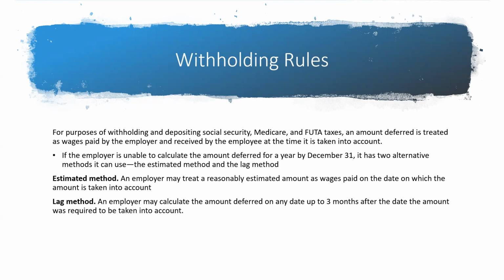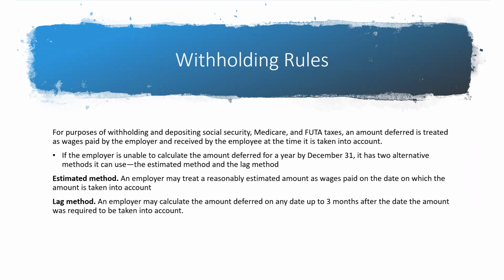If the employer is unable to calculate the amount deferred for a year by 12/31, you have two alternative methods you can use: the estimated method and the lag method. The estimated method is where the employer may treat a reasonably estimated amount as wages paid on the date on which the amount is taken into account. Of course, special treatment must be taken if that amount ends up being underestimated.